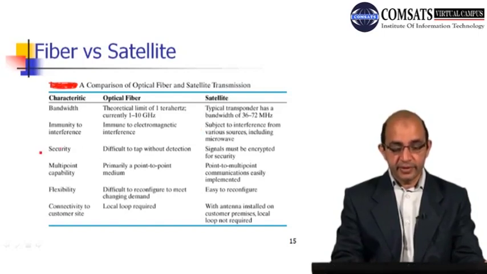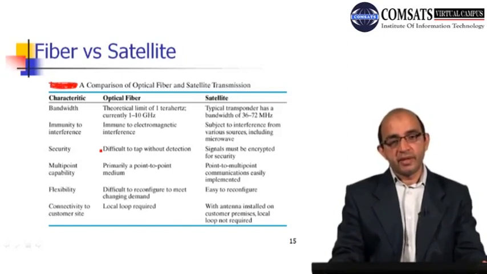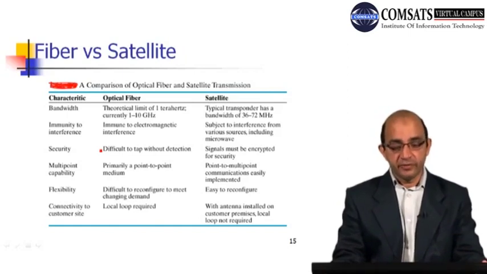Then security. It's very difficult to tap without detection, right? If you are tapping, you will only be getting photons, right? So you need a full-fledged system, and you need to know the transmission mechanism, the communication mechanism between sender and transmitter, and then you are able to detect what's being transmitted, or you will be able to grab the data, otherwise you will only be getting the photons.